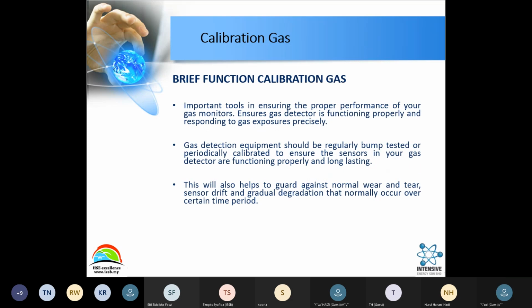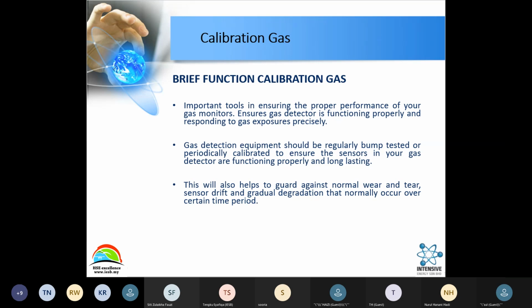The brief function of calibration gas is an important tool in ensuring the proper performance of your gas monitors. Calibration gas ensures that your gas detectors are functioning properly and responding to gas exposure precisely.